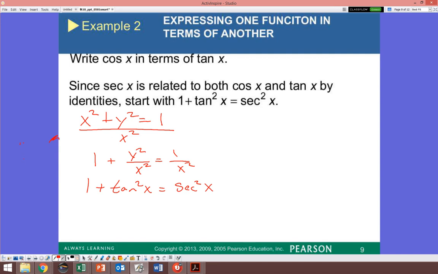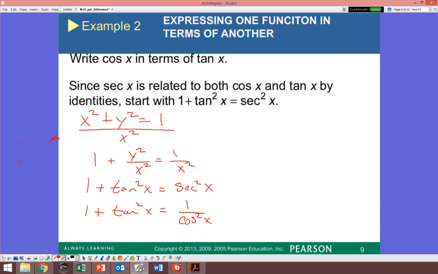So this is where I got that from. So if this is the same as saying 1 over cosine squared, I'm going to write that: 1 plus tangent squared x equals 1 over cosine squared x. Do you agree?